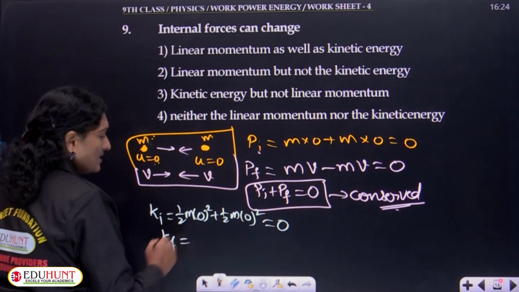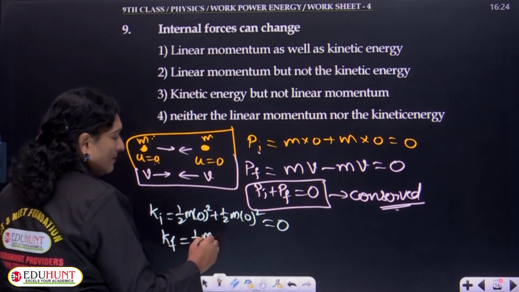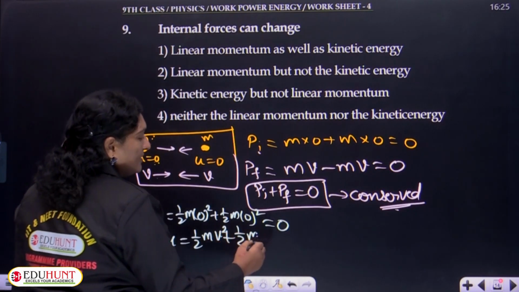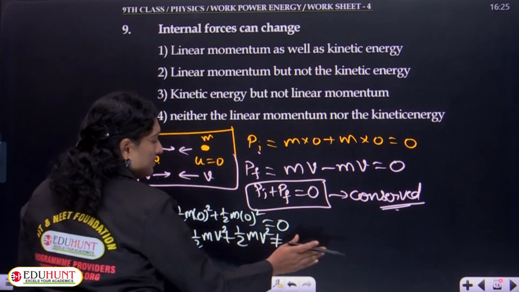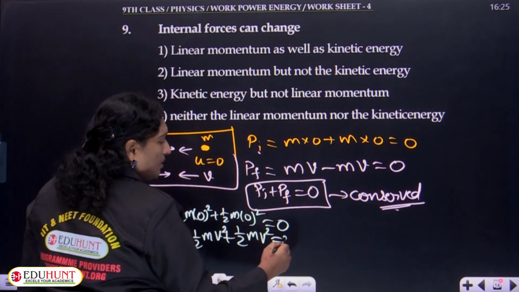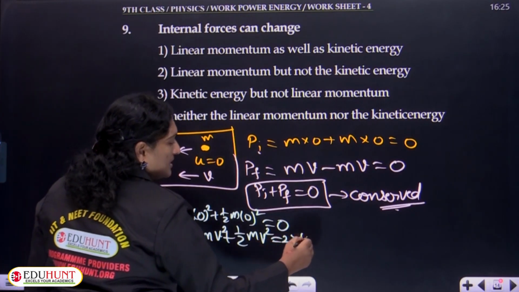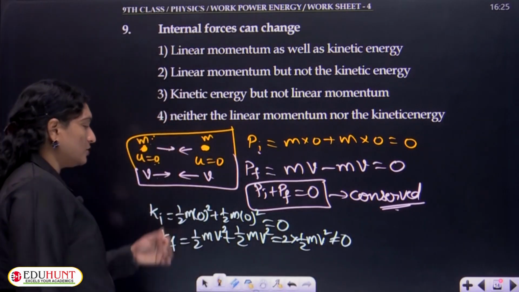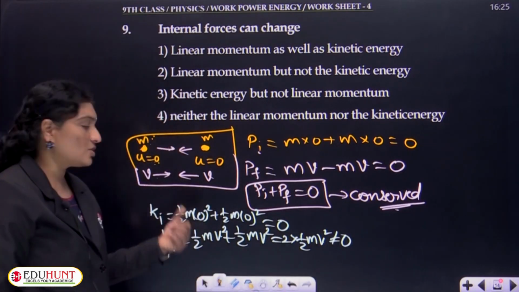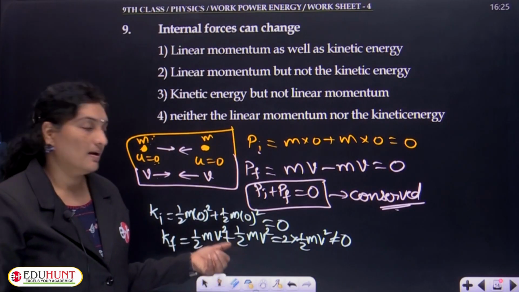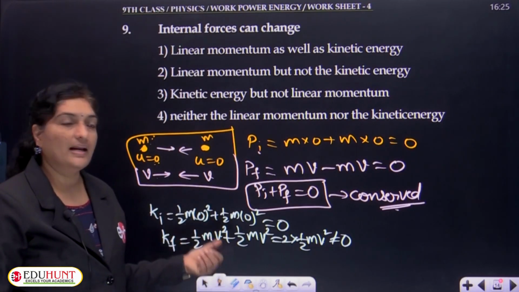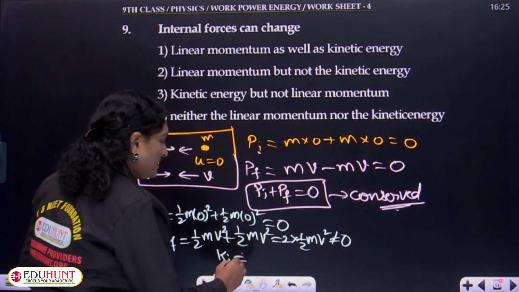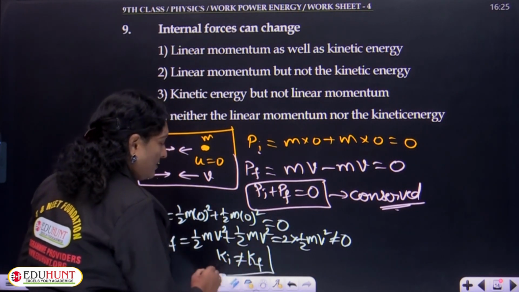Whereas the final kinetic energy is half m v square plus half m v square, which equals 2 times half m v square, and this is not equal to 0. So clearly the total initial kinetic energy is not equal to the total final kinetic energy. So K initial is not equal to K final.